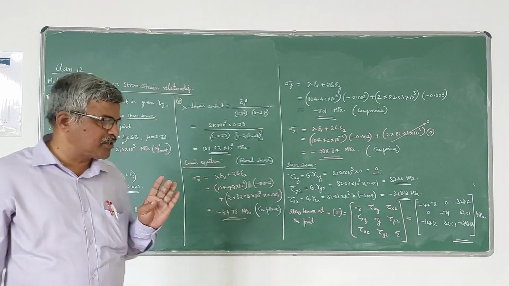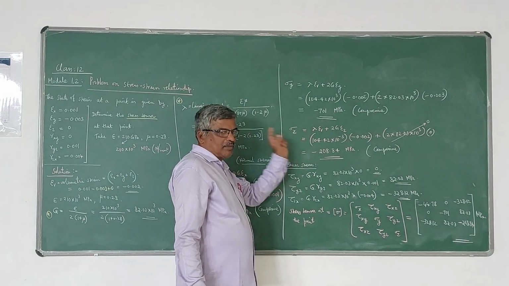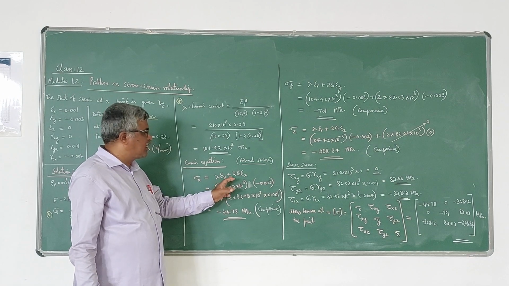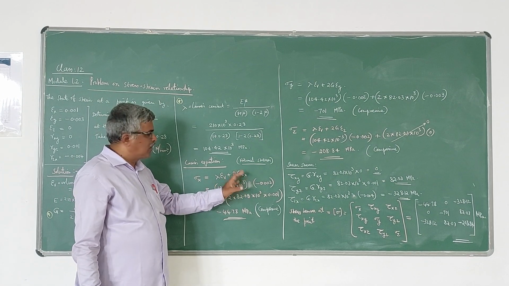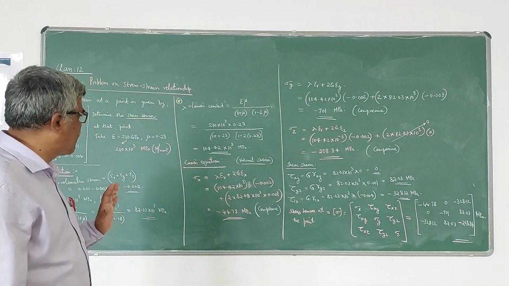Now, let us find out the normal stresses using the Lamé's equations. There are 3 Lamé's equations, one for sigma x, another for sigma y, and one more for sigma z. So sigma x, as you know, is given by lambda into epsilon v plus 2G into epsilon x. Now you know all the values in the right-hand side, just substitute and simplify.